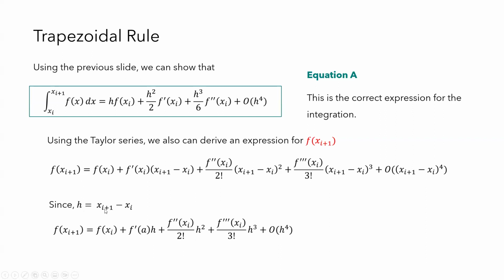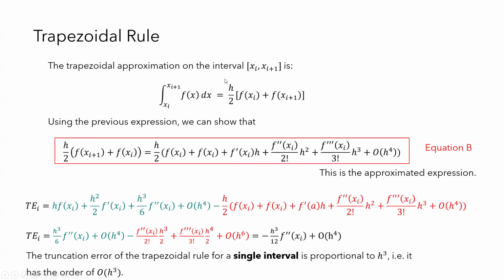Since h is equal to xi plus 1 minus xi, these terms can be substituted with h. So we replaced these terms, and I got this expression over here. So we have f of xi plus 1 at the left hand side, and f of xi at the right hand side, and other terms. And this should be xi. Okay, this is a mistake.